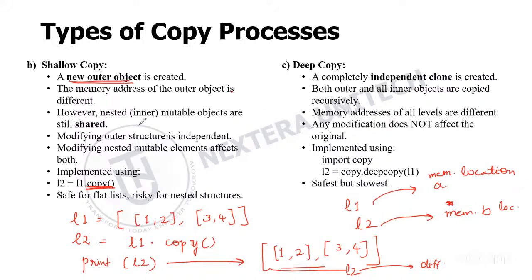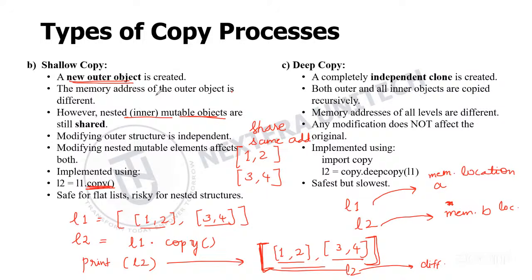However, the inner lists, which are mutable objects, that is [1, 2] and [3, 4], are there in both. The outer lists will point to different locations, but the inner lists, [1, 2] and [3, 4], will still share the same memory address.